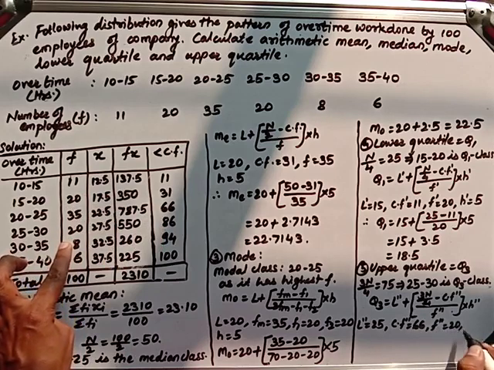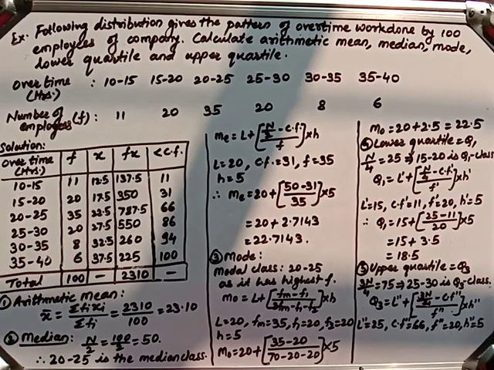And H'' is 5. Okay. So therefore Q3 is equal to 25 plus (75 minus 66) upon 20 multiplied by 5. So this is 25 plus 2.25.